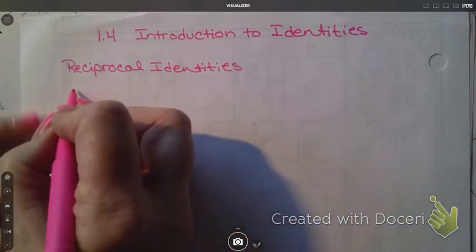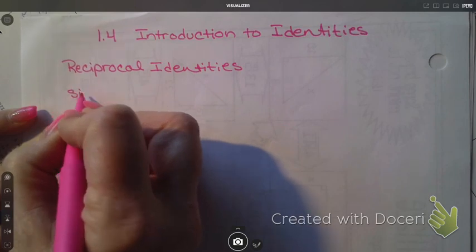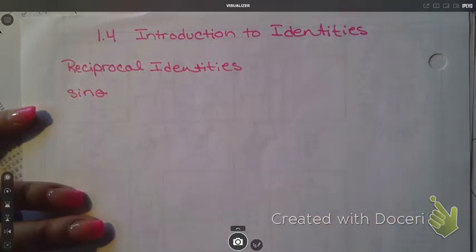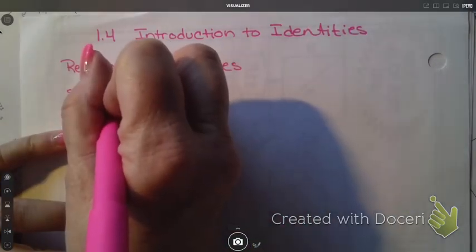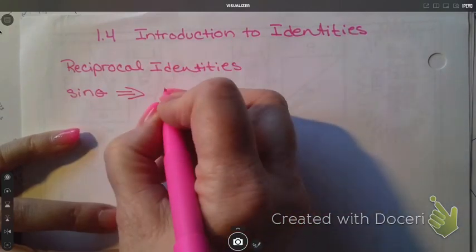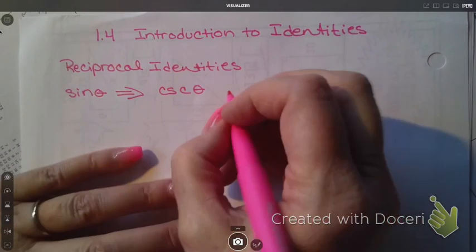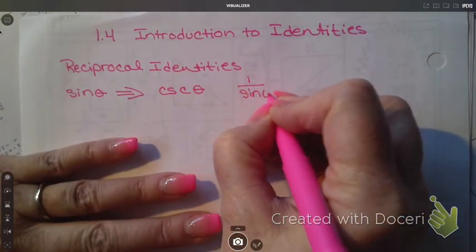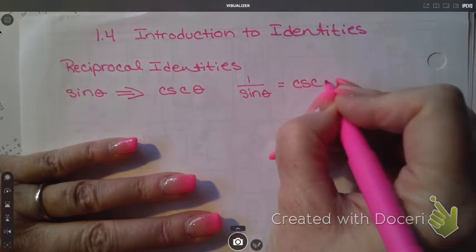Do you already know that the reciprocal of sine is cosecant, correct? So the reciprocal identity states that 1 over sine equals cosecant.